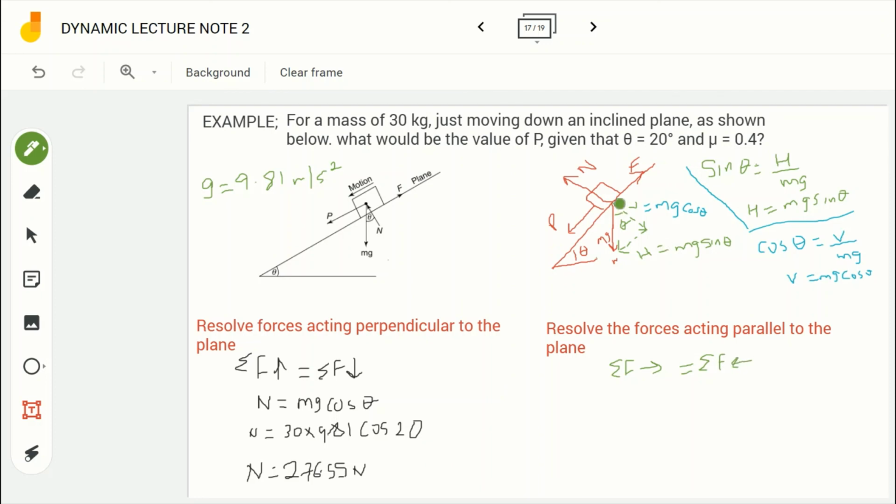The force to the right is my F, and the forces to the left are my P and my H. You can see they are going to the left. So the force to the right, F, is equal to my P plus the H, which is mg sine theta.